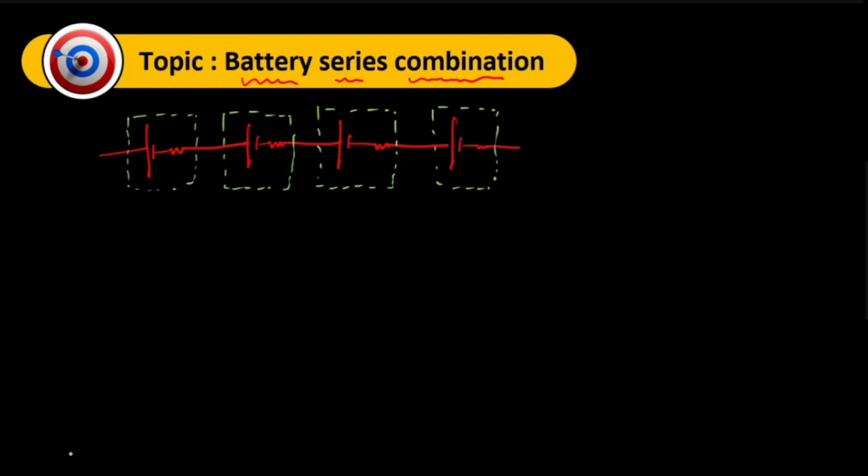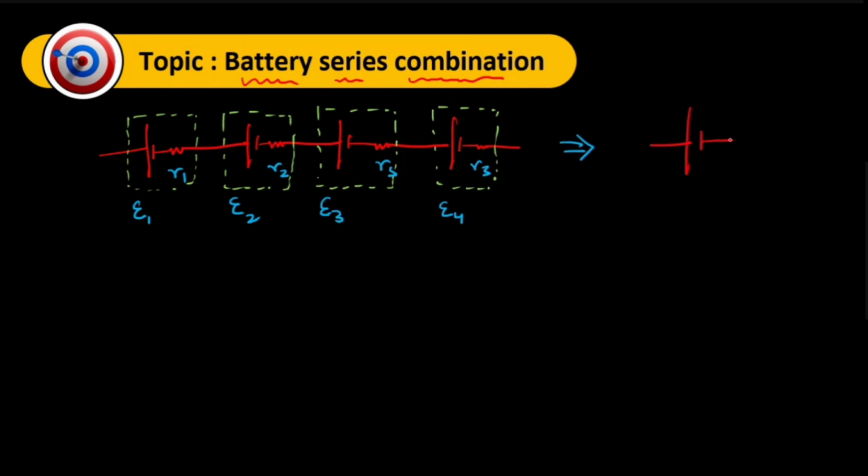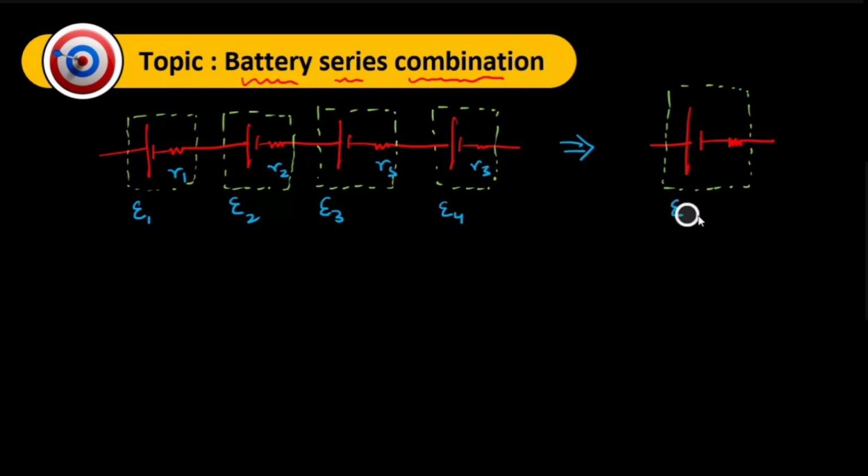And for each battery, whatever EMF and internal resistance is there can be calculated easily. Also, if we want to replace all the batteries by a single battery, what should be the magnitude of that EMF and that internal resistance of the new, bigger battery can be calculated.